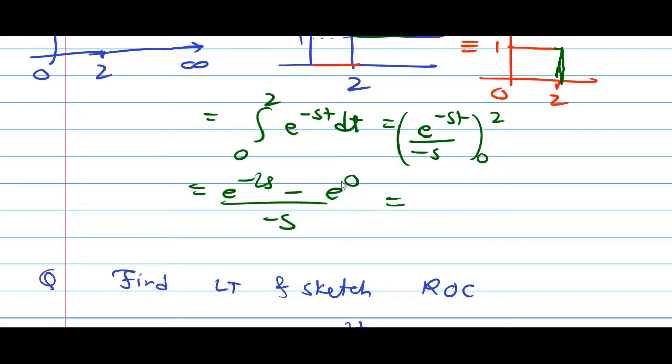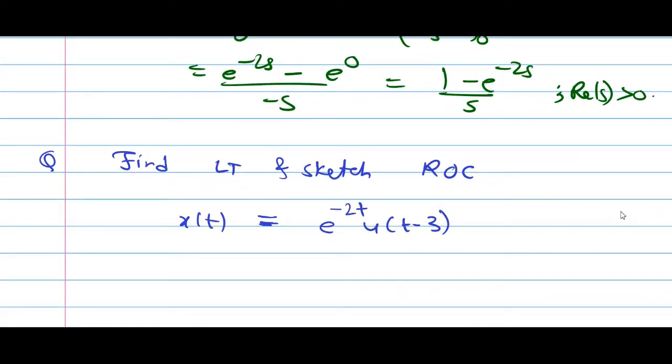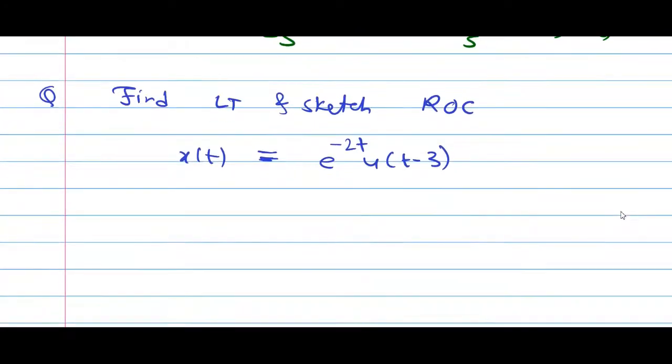This can be written as 1 minus e^(-2s) upon s, because e^0 is 1. From the numerator I take the minus sign common, and the minus signs cancel. So the answer is (1 minus e^(-2s)) upon s, and ROC is real of s greater than 0.